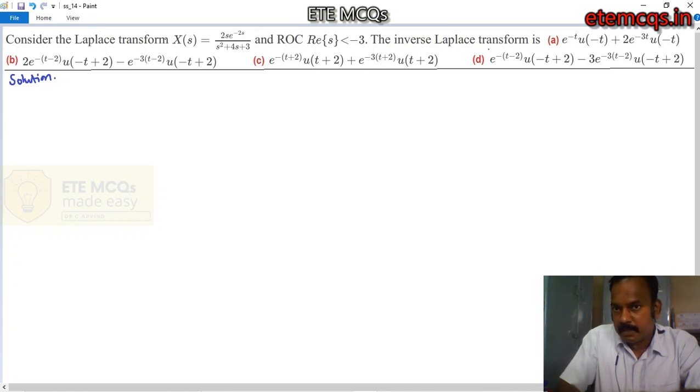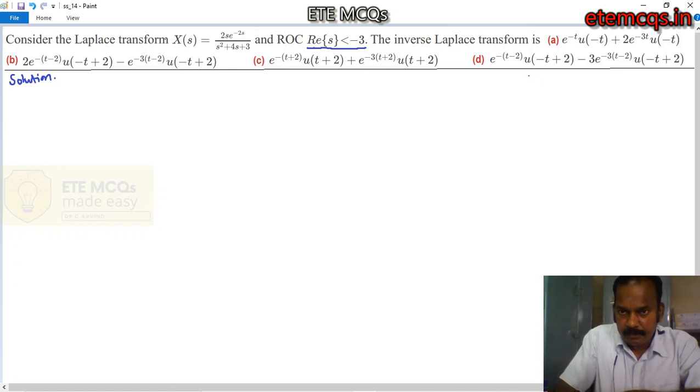The inverse Laplace transformation is, we are given 4 options and we are supposed to find out which one is correct. Before we go ahead with the problem, since it is very clear that the inverse Laplace transformation will be based on a left-sided sequence, I'll just write the basic Laplace transform formula pertaining to the same.